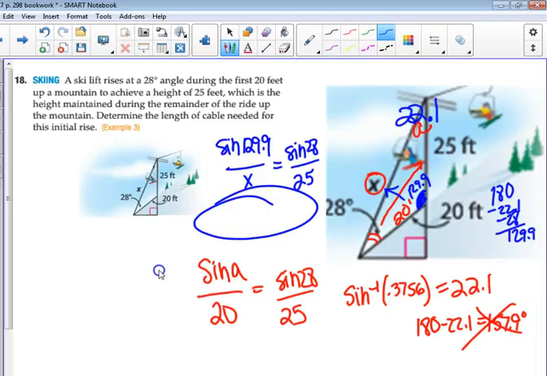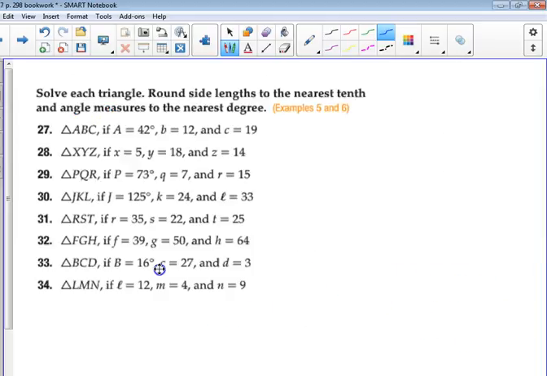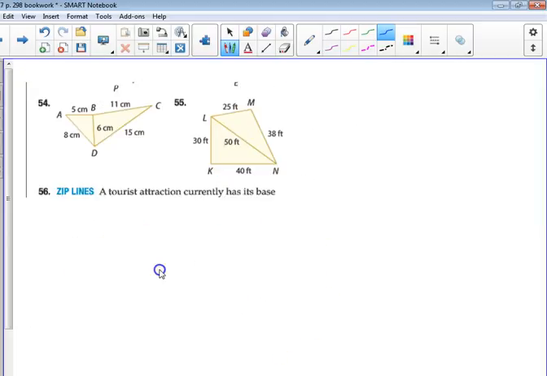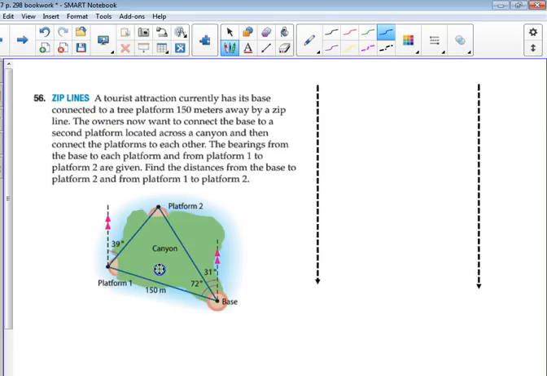Other questions on the worksheet or the bookwork? Yes. 56, is that in the book as well? Oh, interesting. Okay. 56.